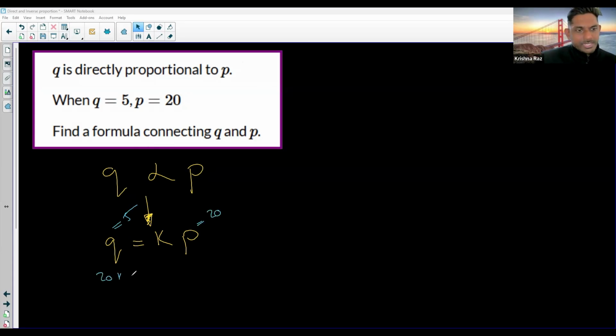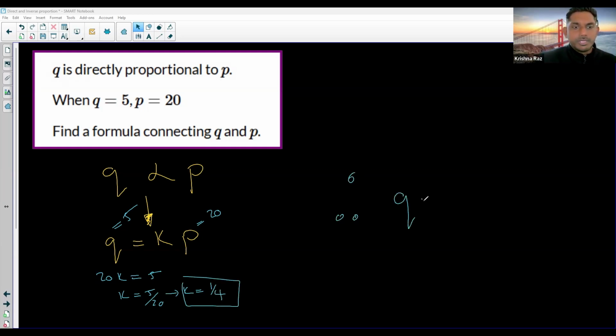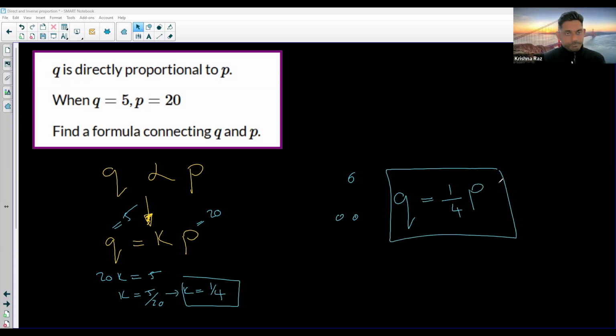So 20K equals 5. So K must be 5 over 20, which is a quarter. Therefore, Q equals a quarter P. Boom. Right, jot that down. Let's have a look at another one.